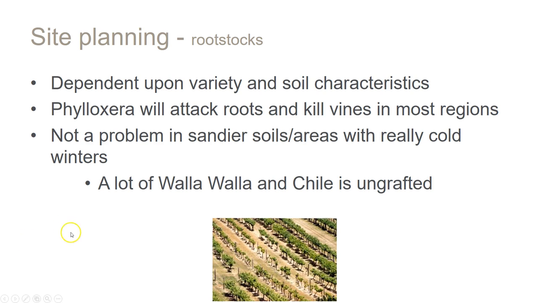In some areas with sandier soils, phylloxera may not be an issue. I saw this in Central Otago when I was doing due diligence on a farm. It wasn't that far from the farm where phylloxera was first found in Central Otago, in 1991 or 92, and there was a bunch of unrooted vines on this farm, so we were concerned that phylloxera might be there.